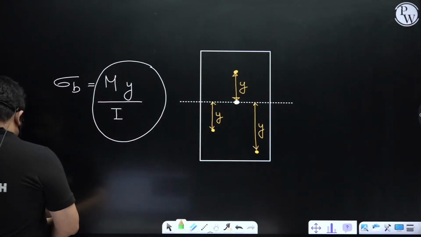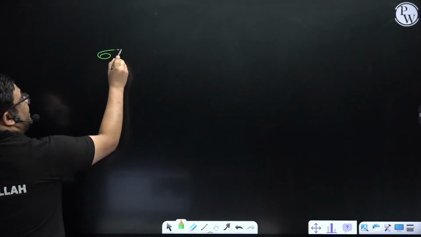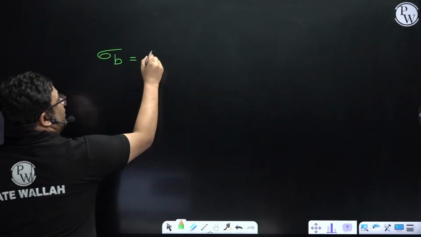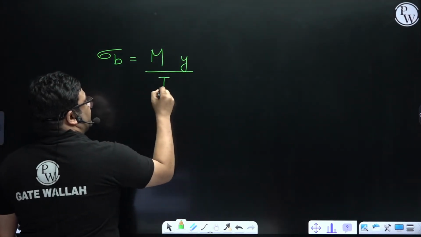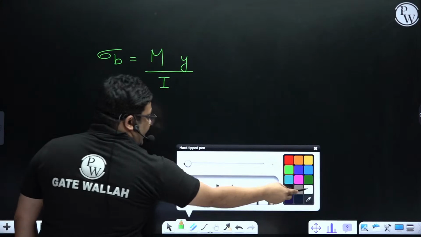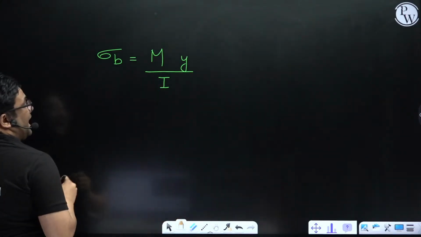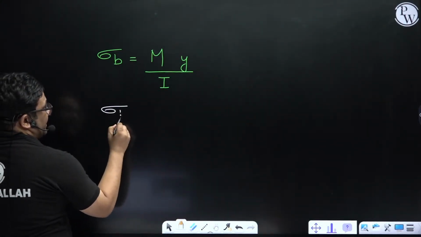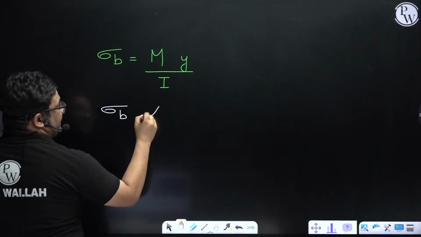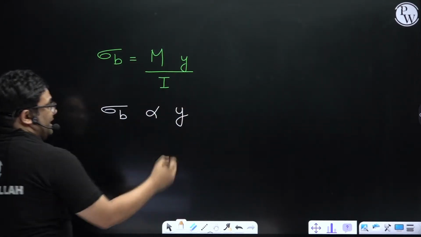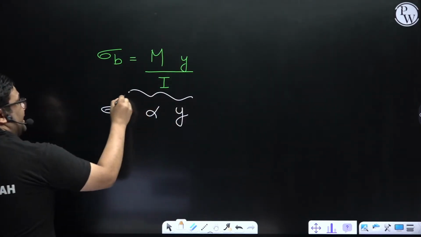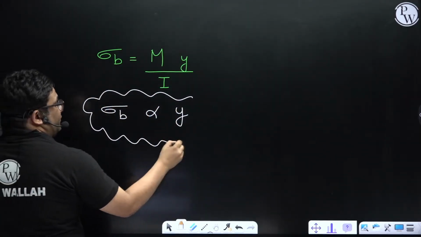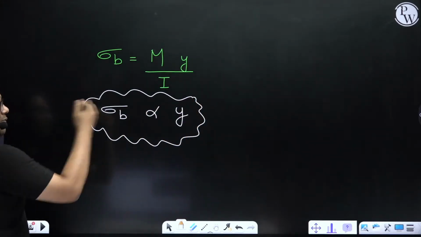Now see here. If we see this equation, bending stress is M y by I. That means if we keep bending moment and I constant, can I say that bending stress is varying linearly with y, right? Yes. You can see that bending stress varies linearly, or is directly proportional, to y.